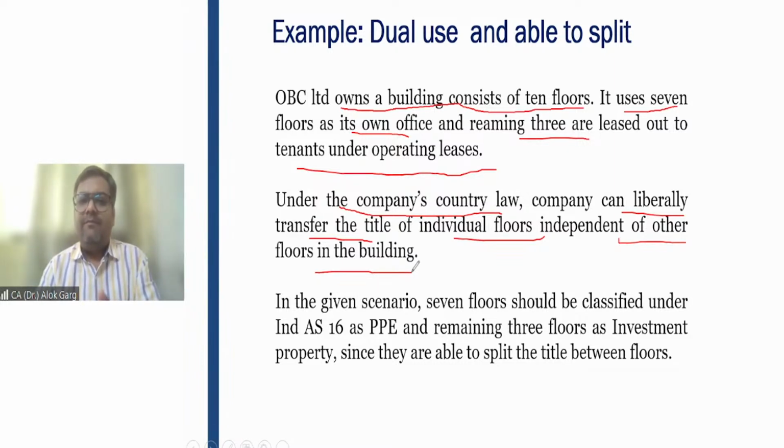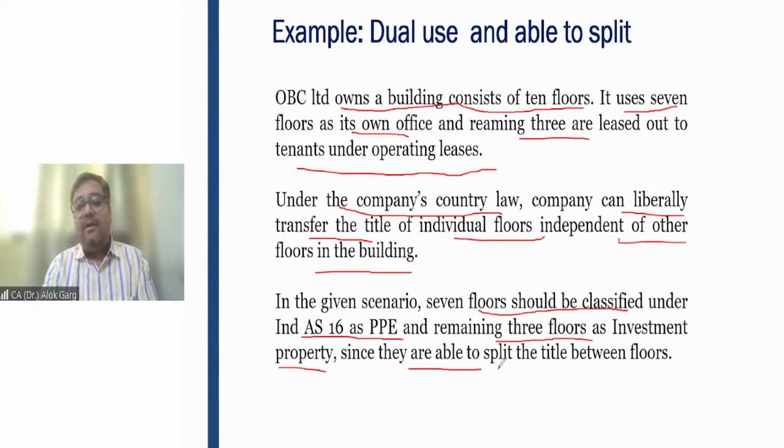So every floor has a legal title. There is no problem. If tomorrow the company wants to sell any floor, it can sell. In the given scenario, 7 floors should be classified under Ind AS 16 as PP and the remaining 3 floors as investment property, since they are able to split the title between the floors.